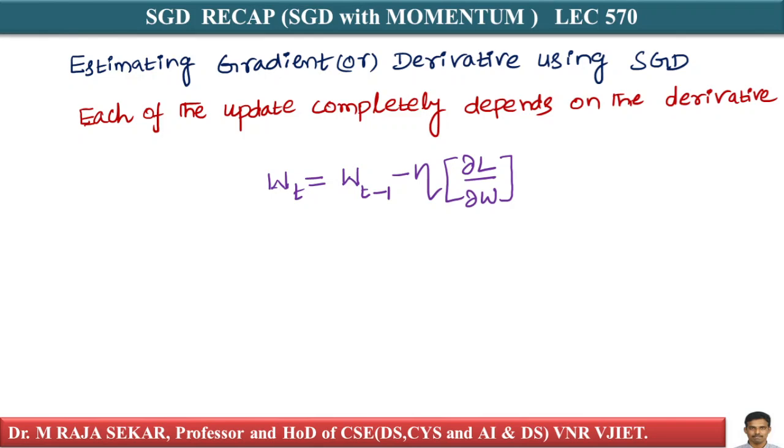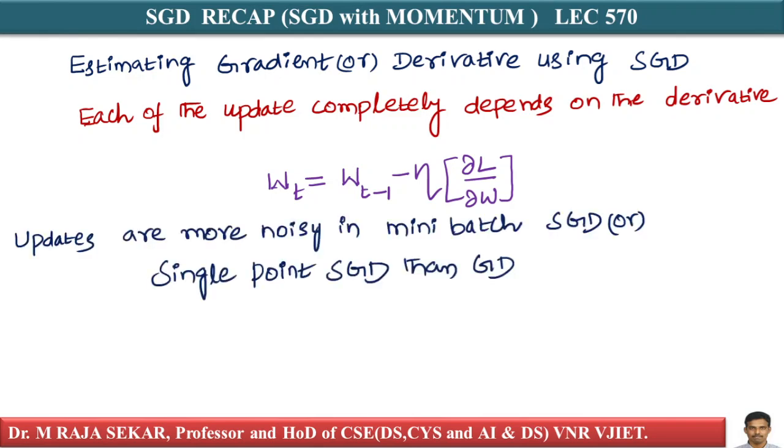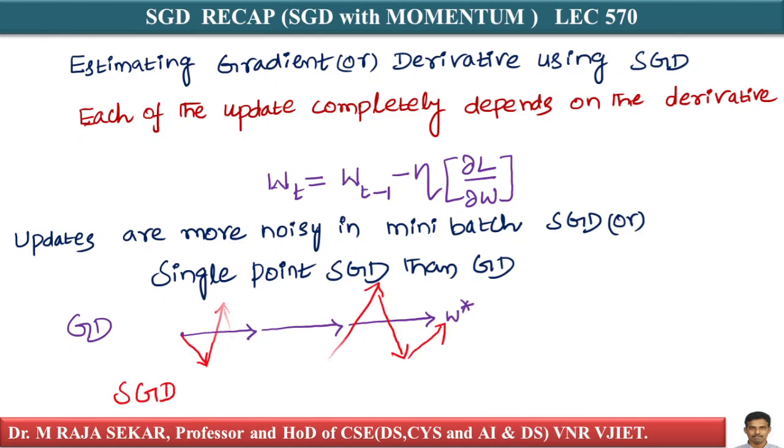Given that fact, each of the updates is more noisy in mini batch SGD or single point SGD than in the case of gradient descent. GD, that is gradient descent, is straightforward from one point to another to W star, isn't it? Your stochastic gradient, on the other hand, will keep moving this way, that way, eventually it reaches W star. So each of these updates is more noisy, isn't it?